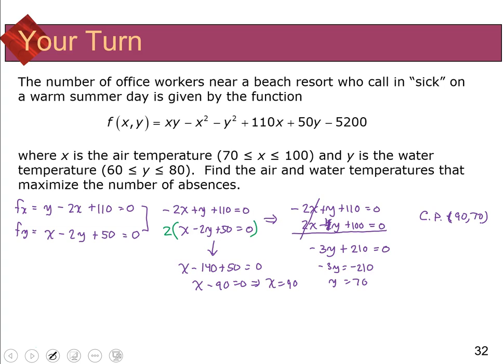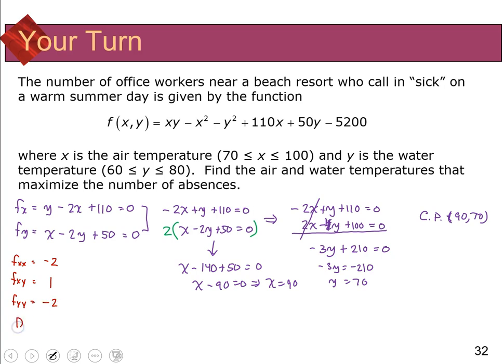Now, is that going to maximize things? So let's have a look at that. I'm going to look at f sub xx, f sub xy, and f sub yy. F sub xx is going to be negative 2. F sub xy is going to be 1. F sub yy is going to be negative 2.